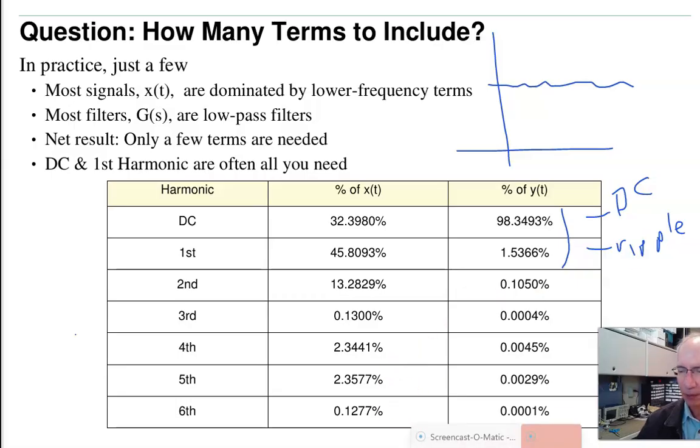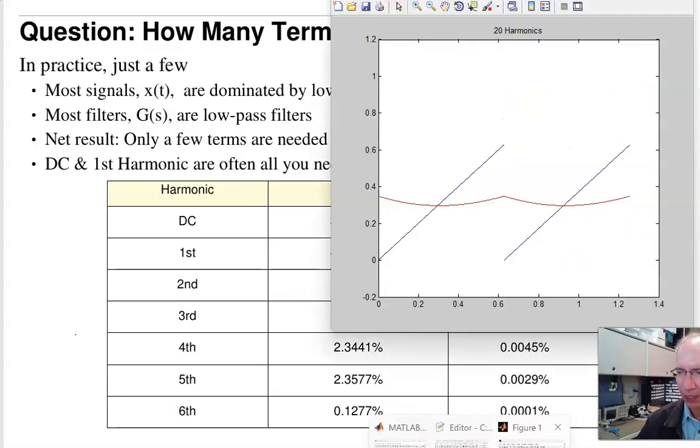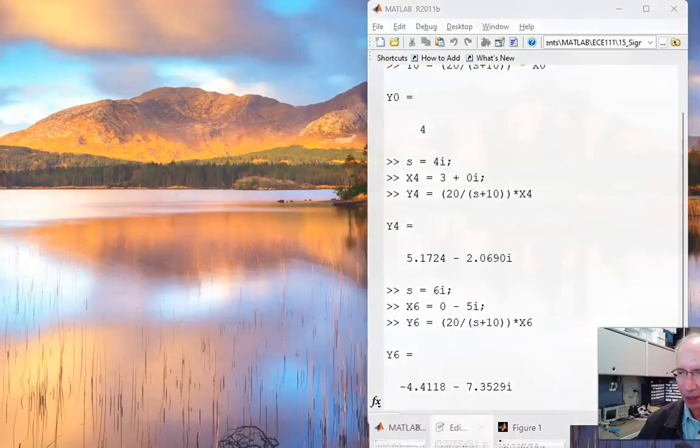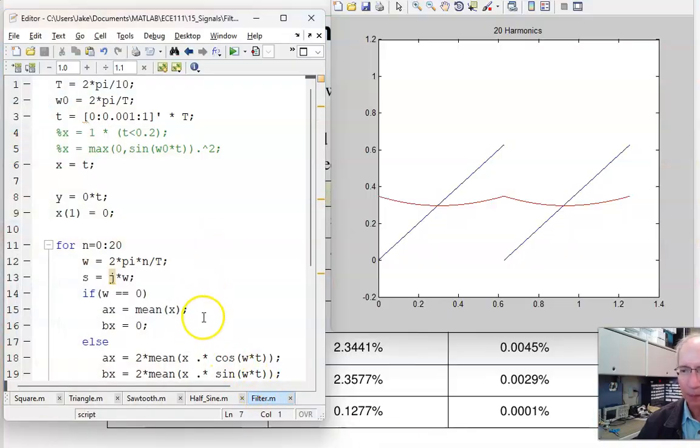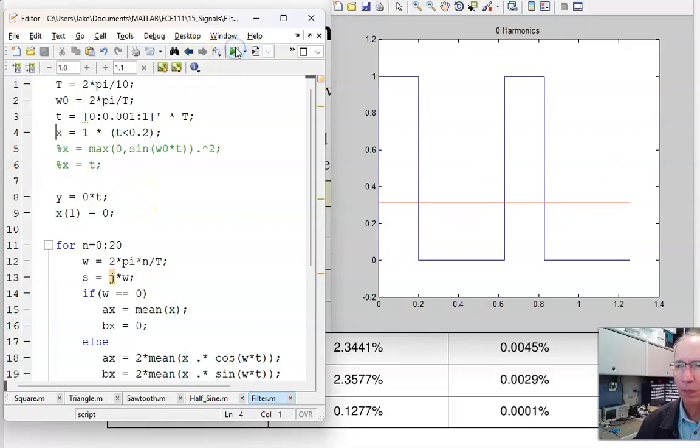What we saw over in MATLAB, kind of like here. But just include the first DC and the first harmonic, that pretty much captures the waveform, that pretty much had the DC value and the ripple peak to peak. The ripple's not exactly a sine wave.